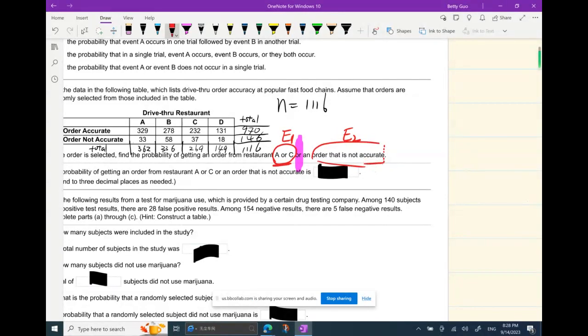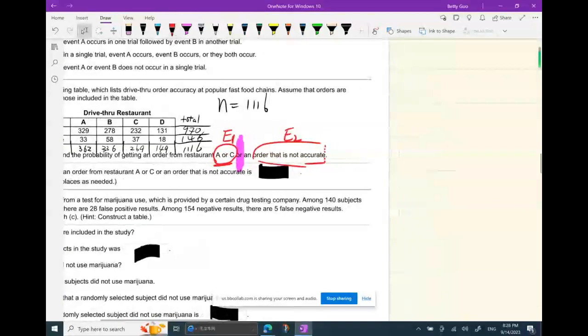So this is a problem of finding P of E1 or E2. I like to properly label them with capital letters. It helps me think and also helps me demonstrate.